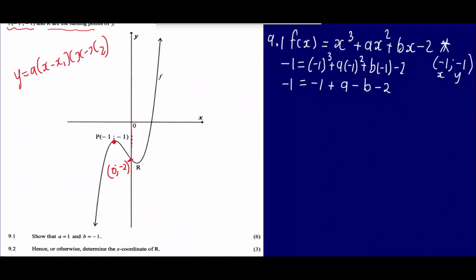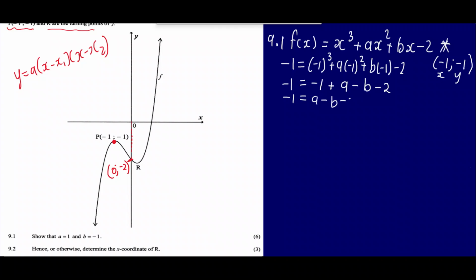Right, so we have one equation over here, right? And to simplify this, we can just do some necessary simplification, right? So we will have a minus b, and -1 -2.